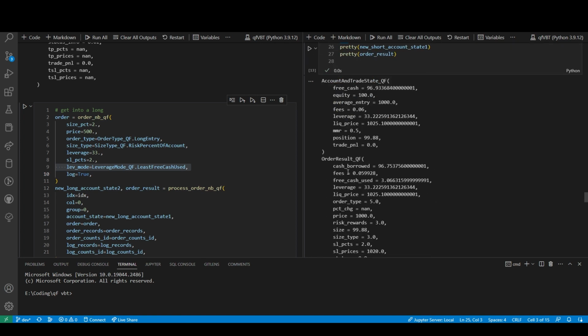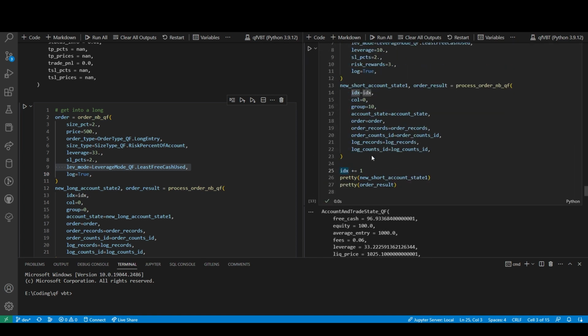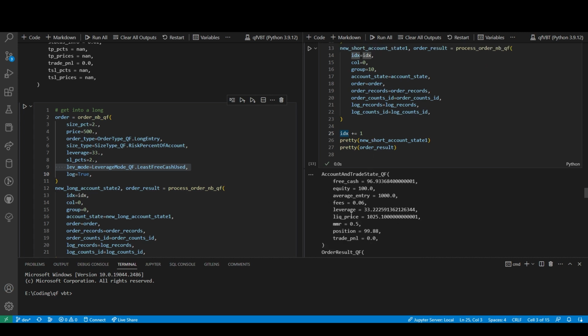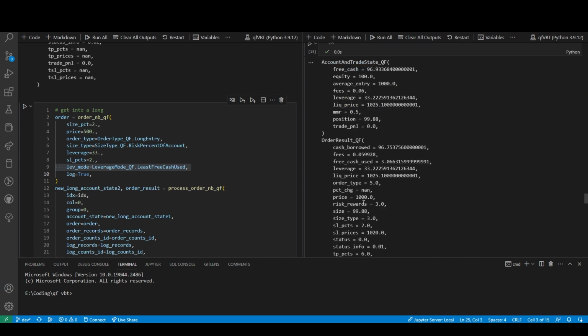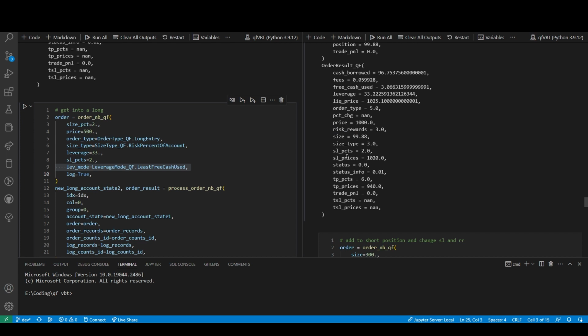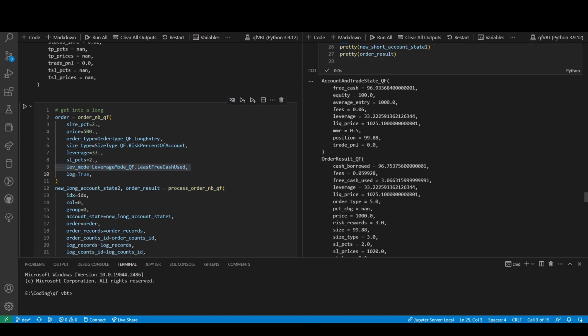Oh boy. Order result, it should be fees paid and not fees. Fees paid. I need to change that. Order result. Fees paid.